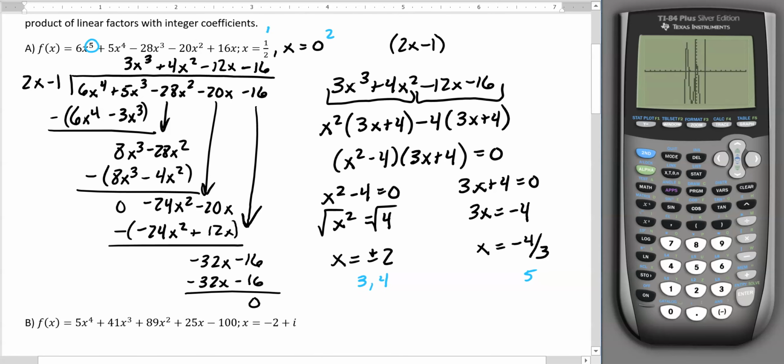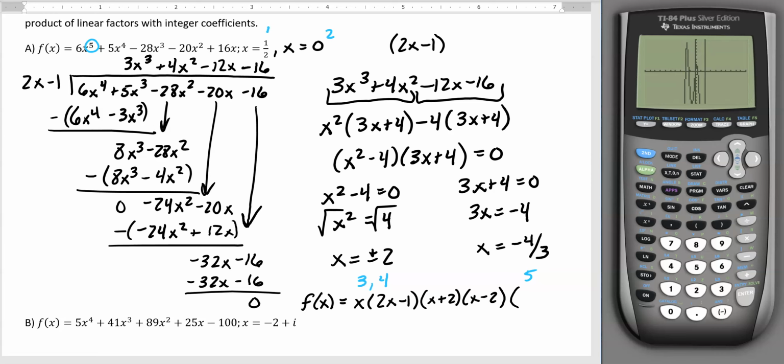We'd say f of x equals x times 2x minus 1 times x plus 2 times x minus 2 times 3x plus 4. And there we have our polynomial in factored form.